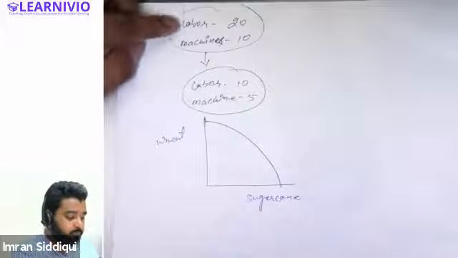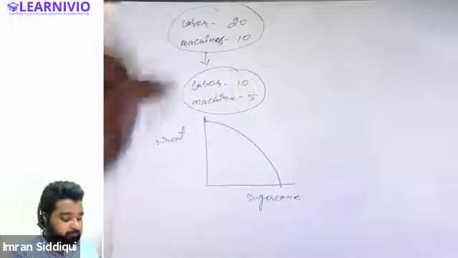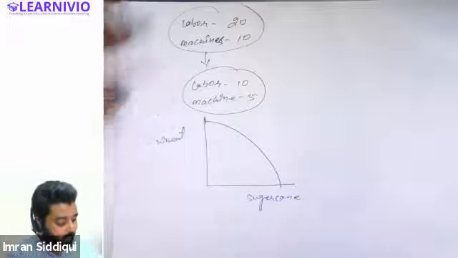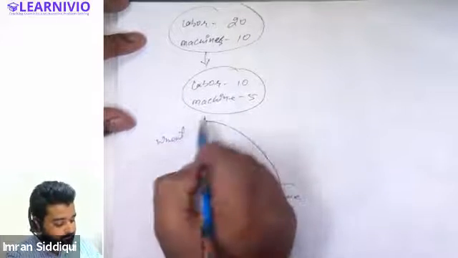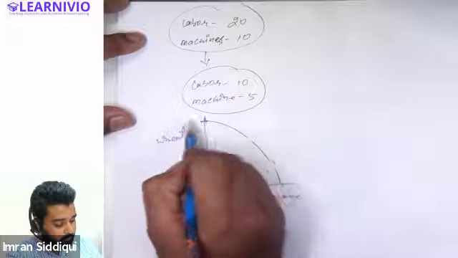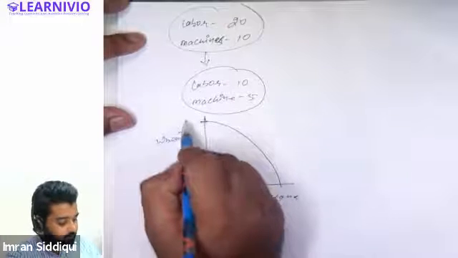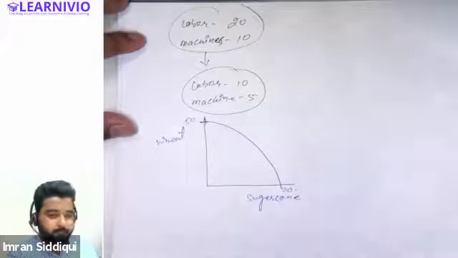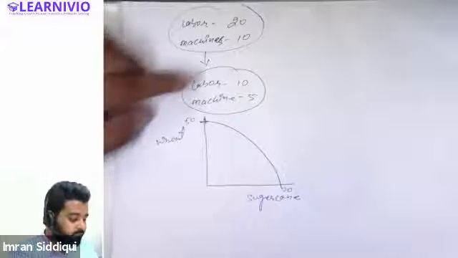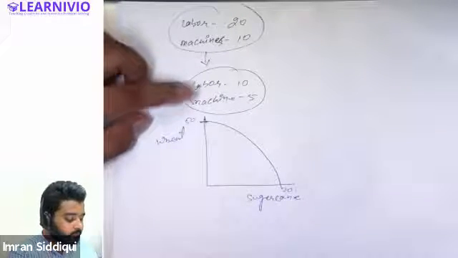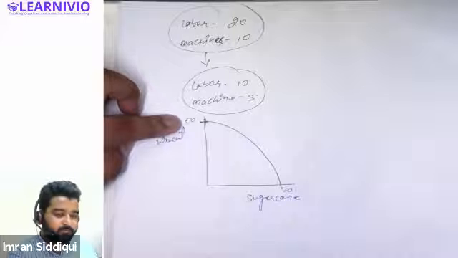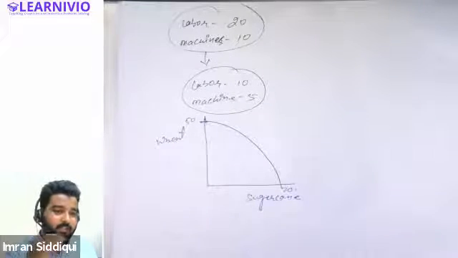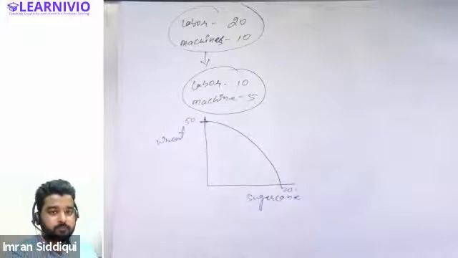He has 20 laborers and 10 machines, but we have assumed he is currently using only 10 laborers and 5 machines, and we have 50 tons of wheat and 20 tons of sugarcane. We are saying that if he uses 10 laborers and 5 machines, then he will be able to produce 50 tons of wheat and 20 tons of sugarcane, considering that he is using only half of the resources.